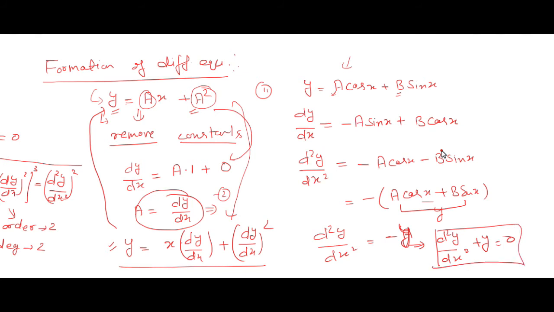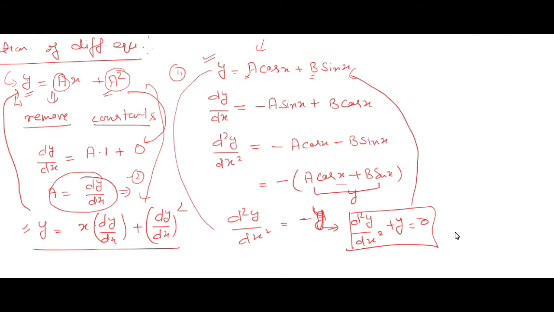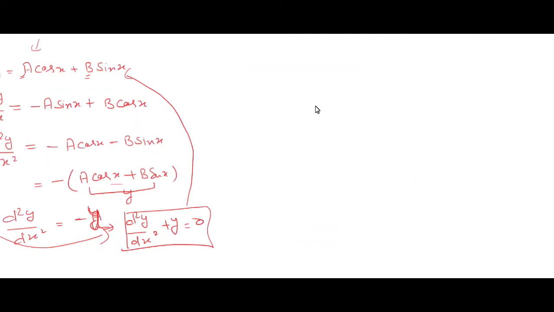So this means if you solve this type of differential equation, you will get a solution like this, and if you have an equation like this, you will have a differential equation like this. So both are complements to each other.